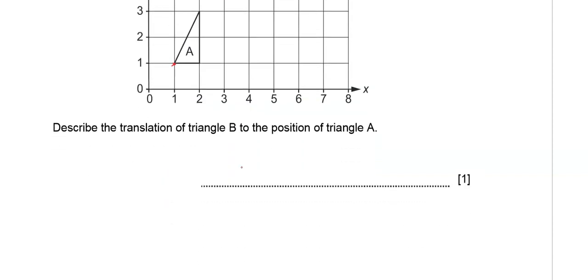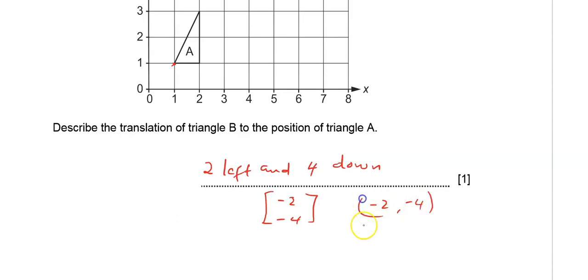So the translation is 2 steps left and 4 steps down. This is the same as -2, -4 in terms of the x and y coordinates.